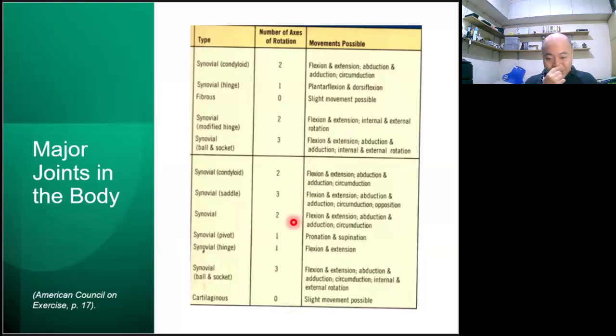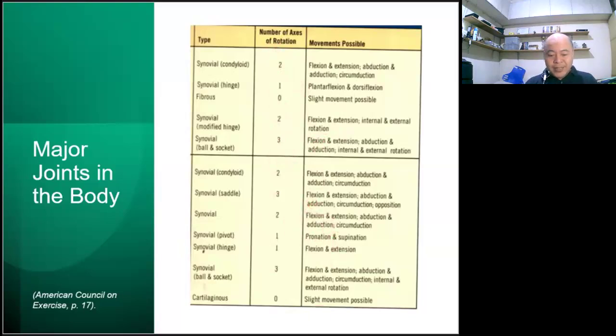But if you push, it's a bit flexible, but there's no real movement. It just slightly moves because it's flexible, but it's not like the synovial joints, wherein you have movements. They are freely movable with your skeletal muscles.